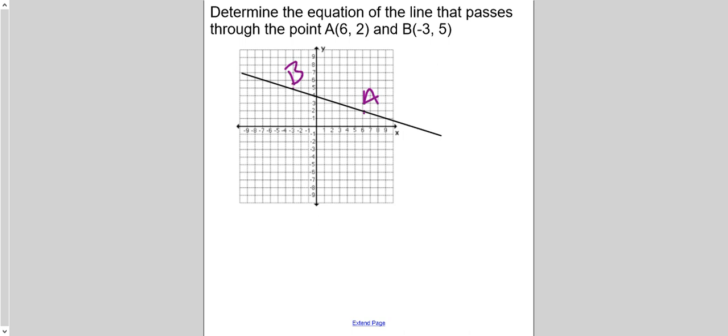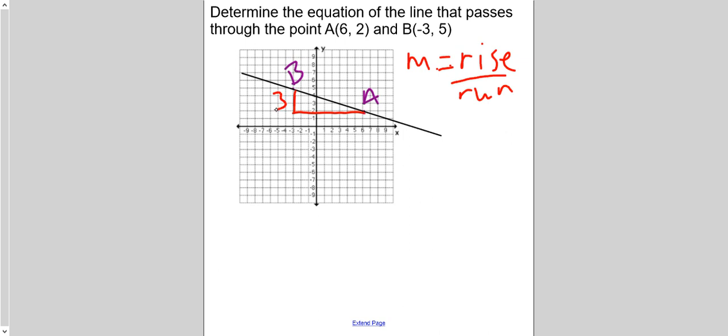We can remember from before, we know that slope equals rise over run. Between these 2 points, I can draw a straight line and then over. We can see that our rise right here is 1, 2, 3.